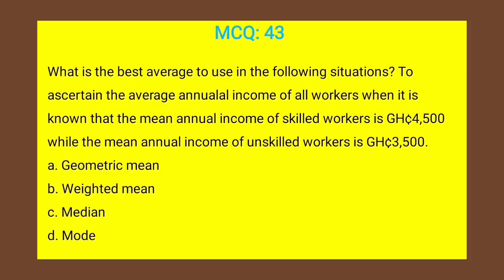That will be the best option for you to go for. The skilled are paid high, the unskilled are paid an amount lesser than those paid at the higher rate. So that is a weighted mean.